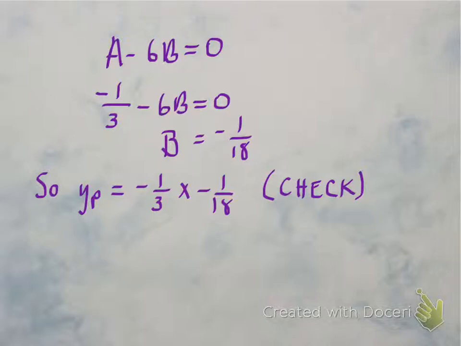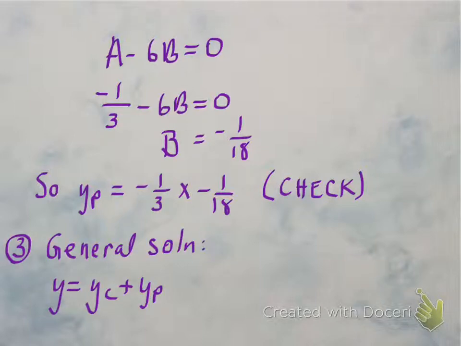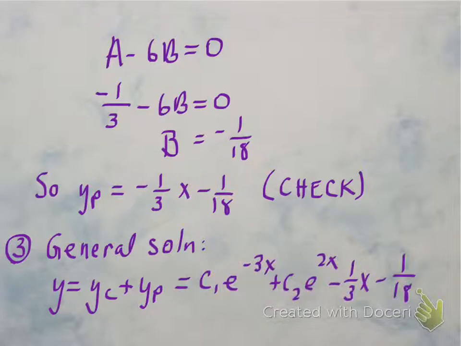You should check that that is indeed a solution to the non-homogeneous differential equation. My final step is to write the general solution, which is the complementary solution plus a particular solution. In this case, that is c1 e to the minus 3x plus c2 e to the 2x minus 1/3 x minus 1/18.